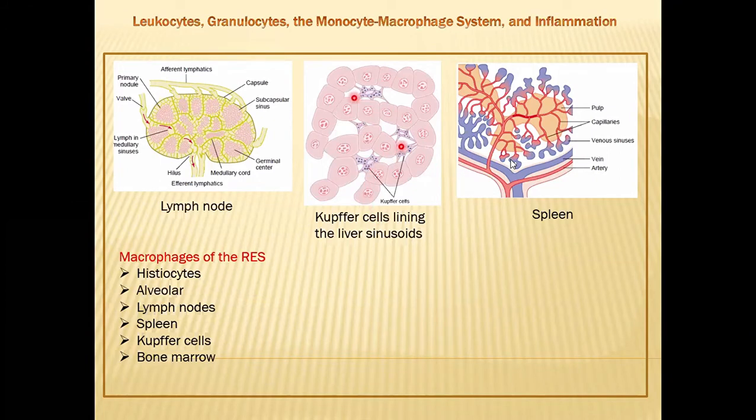Then histiocytes are found in the skin. Aside from the skin, you also have them in the lungs and in the other organs and tissues of the body. So then alveolar macrophages in the alveoli of the lungs, in the lymph nodes, in the spleen, again in the liver, those are Kupffer cells, and then in the bone marrow.